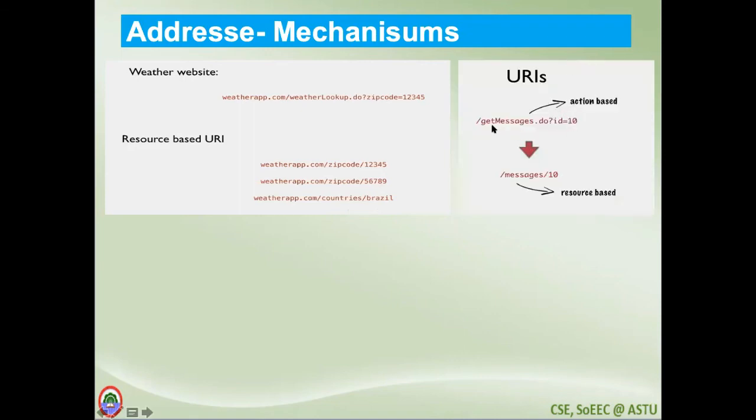This GET on messages is nothing but a particular operation in our website. Here this is the URL: messages slash 10. We want to refer to the 10th message.